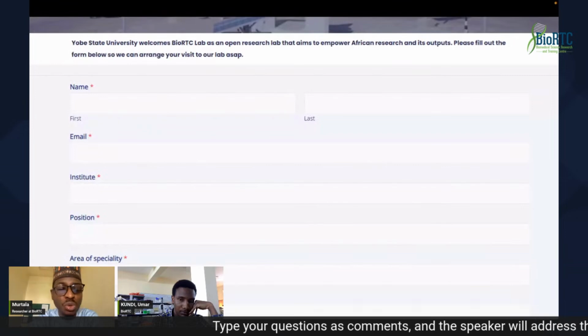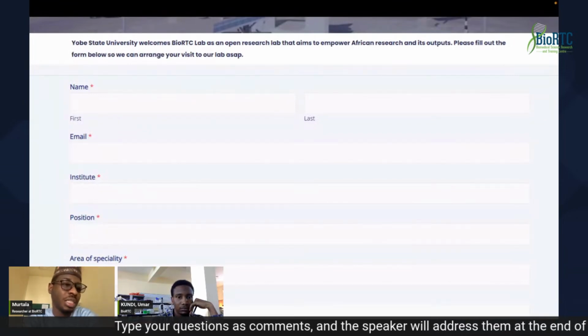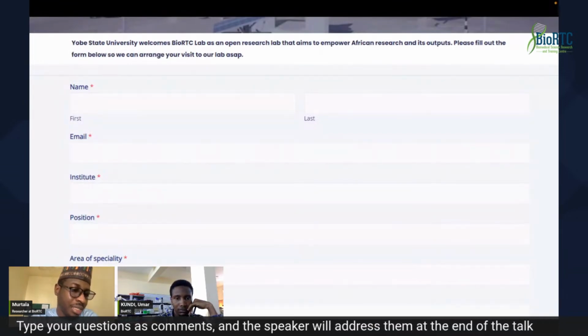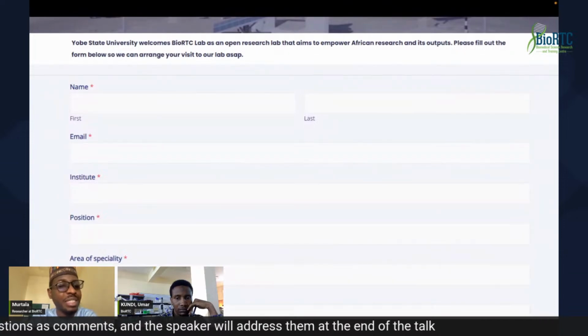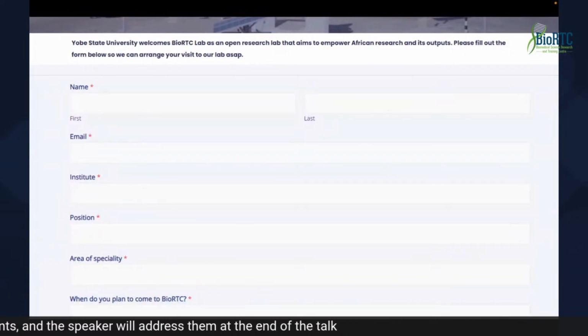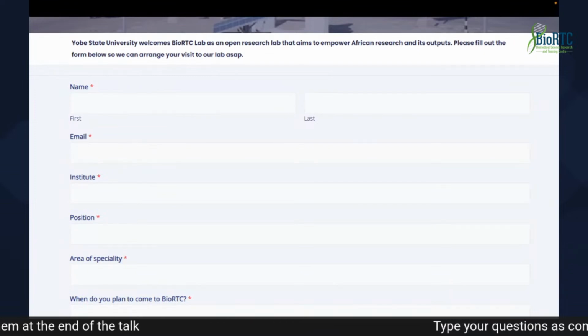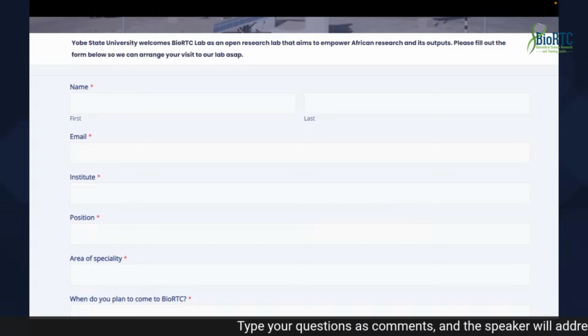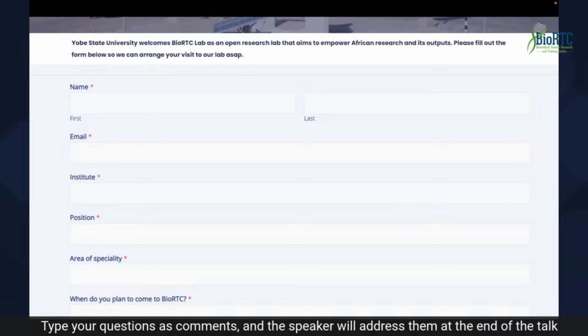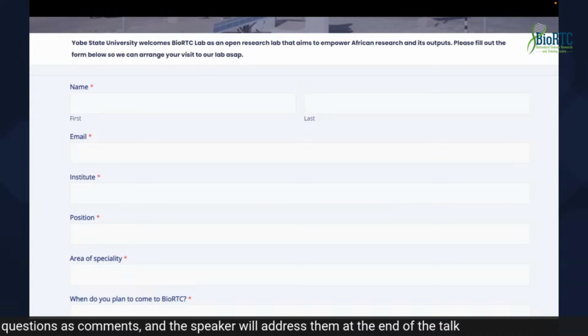I'm going to walk you through how you can fill this form because from those that have filled it before, I see that sometimes they struggle to understand some of the key parts. Of course, name, email, and institute are something that you should have at your fingertips, so I don't need to explain that. Position: sometimes we collect position so that we know what to expect.